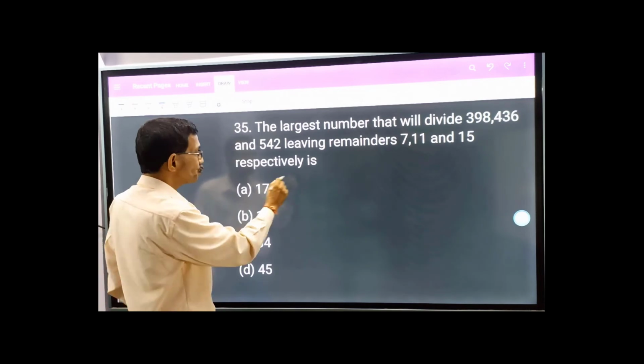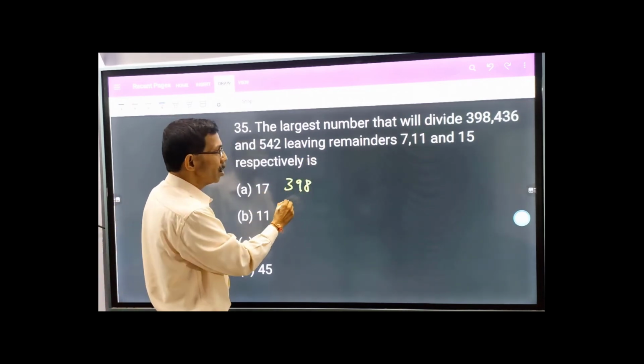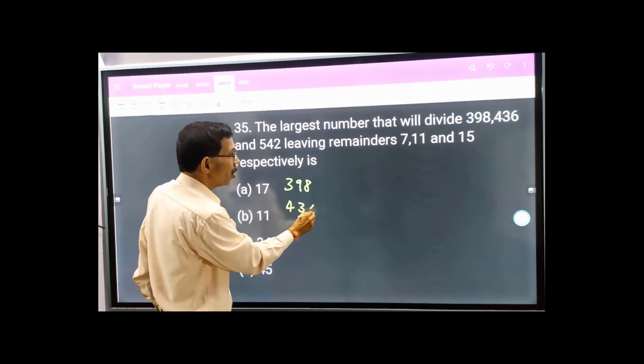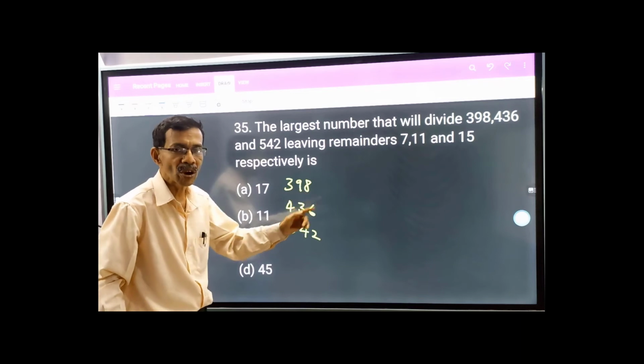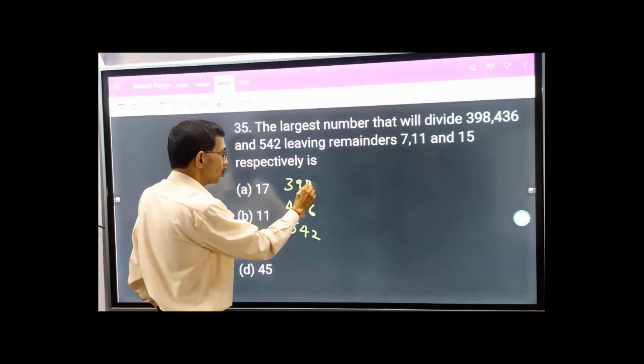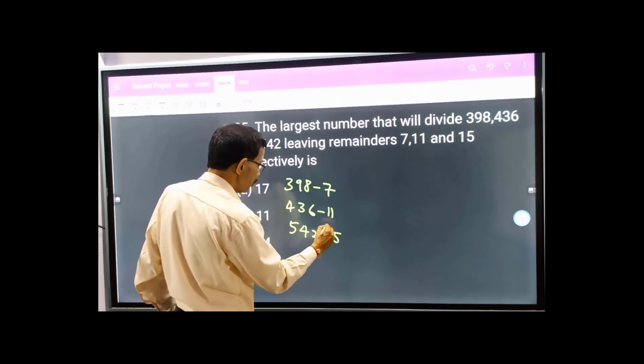So here, let us take the three numbers, 398, 436 and 542. From this we have to remove the remainders. So this is minus 7, this is minus 11, this is minus 15.